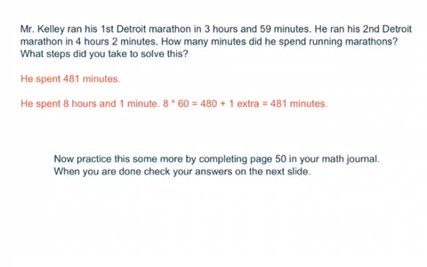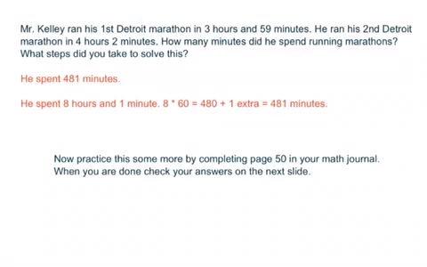Okay, so that gave me 8 hours and 1 minute. I know there are 60 minutes in 1 hour. So I did 60 times the 8 hours, and that's 480. And then I added 1 extra minute that was left over, and I got 481 minutes.